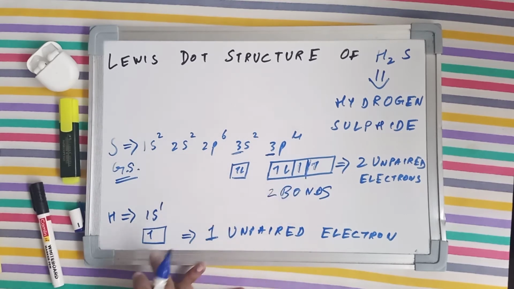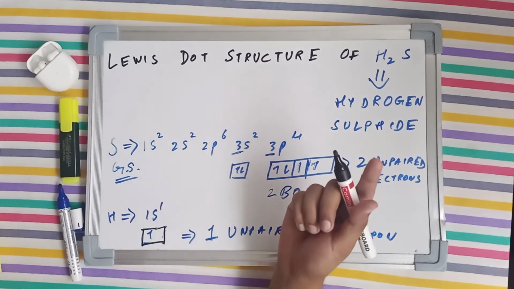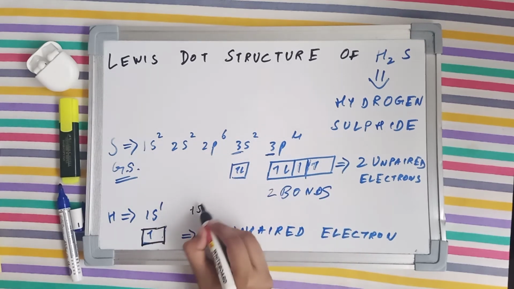Here also we have a vacant space left, marked by the black cross, which means that hydrogen needs 1 more electron to gain stability and to attain the electronic configuration of 1s2.